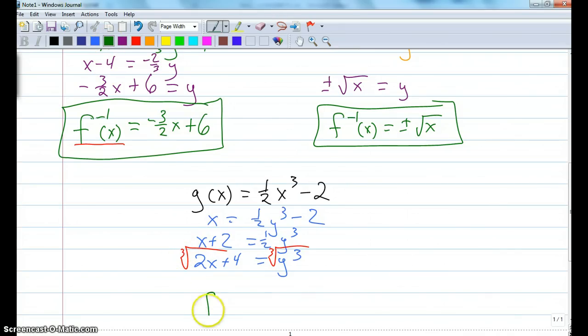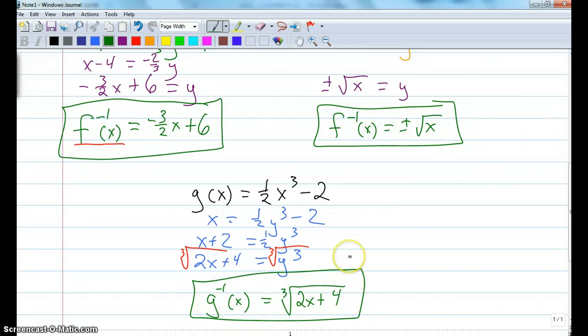So we should get the inverse of g of x. Now do I need to put a plus or minus in front of the cube root? No, that's only for even indexed roots. So this is the cube root of 2x plus 4. There is the inverse of g of x.